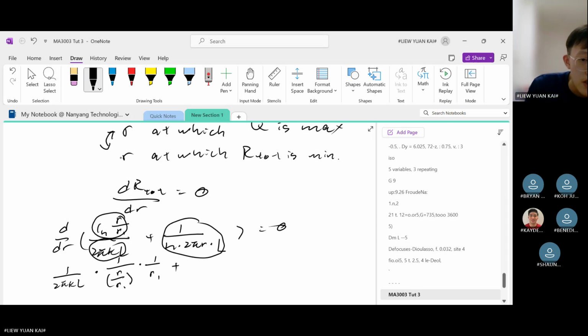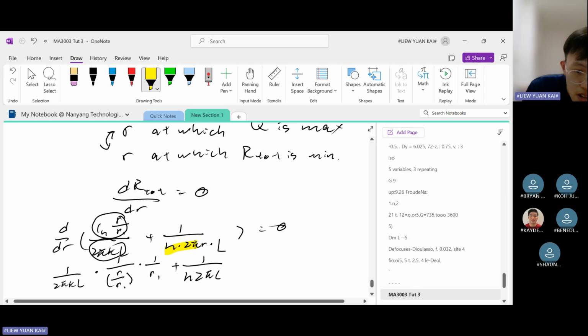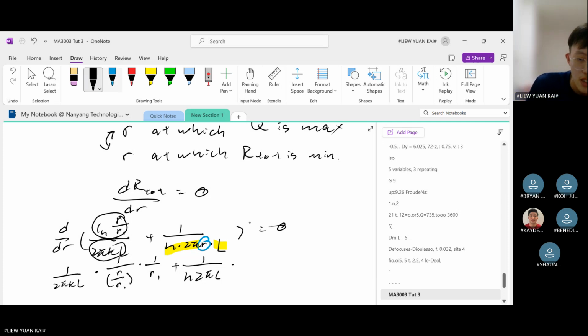The rest of these numbers are actually just constants: h, 2, pi, L. The only variable is r. So that's why I will separate it out. That means I'm trying to differentiate 1 over r, which is the same as differentiating r to the negative 1, which is the same as power bring down, power minus 1. So this will become negative 1 over r squared.